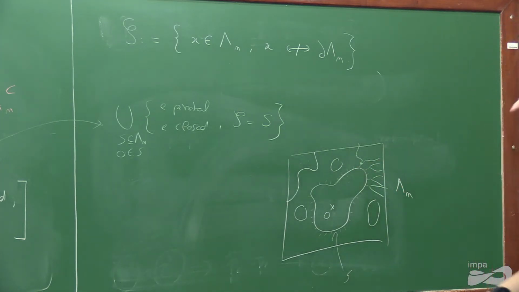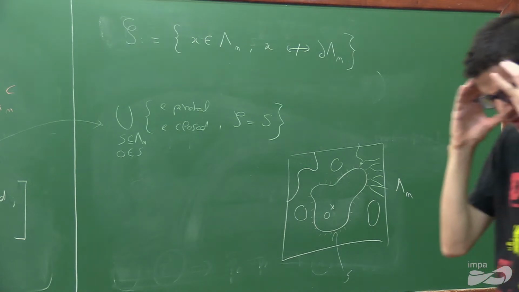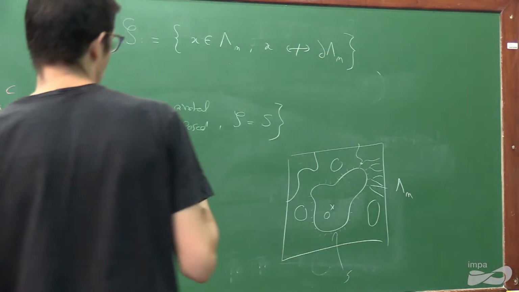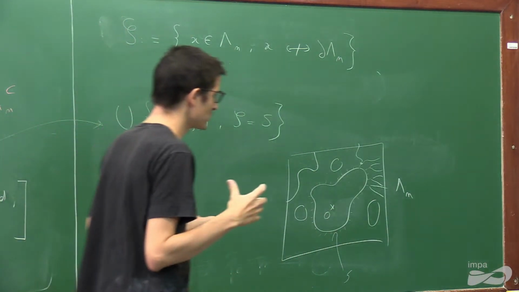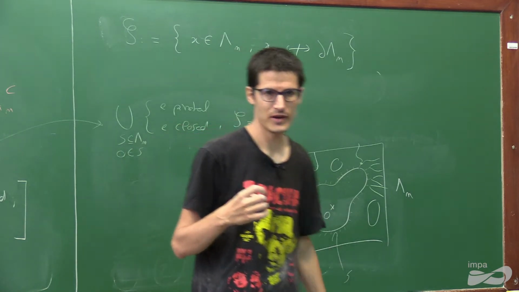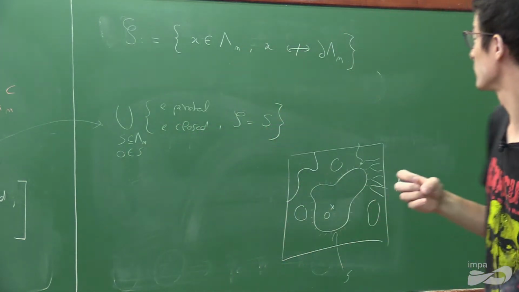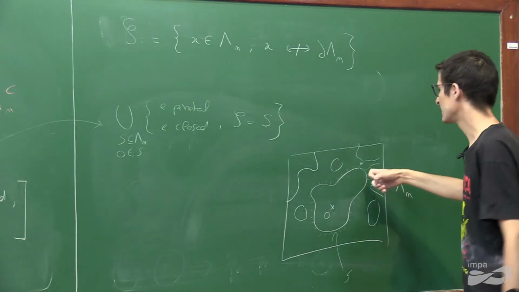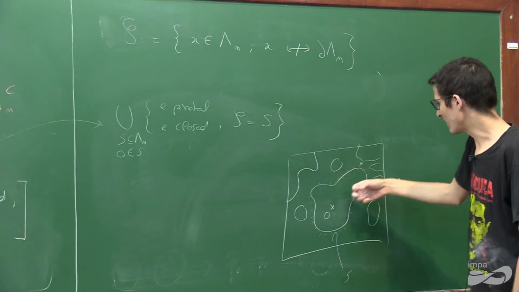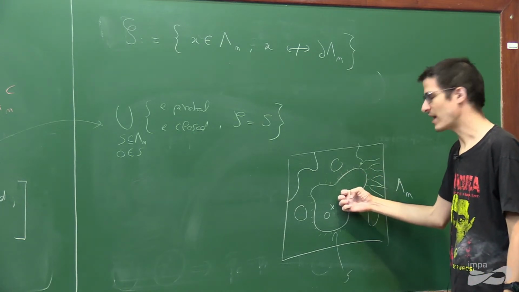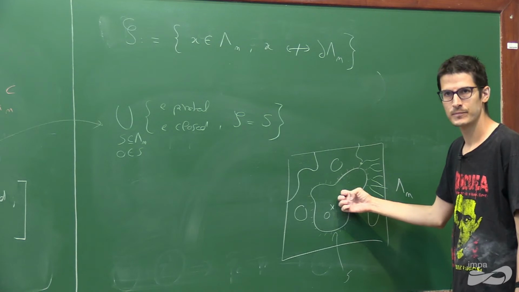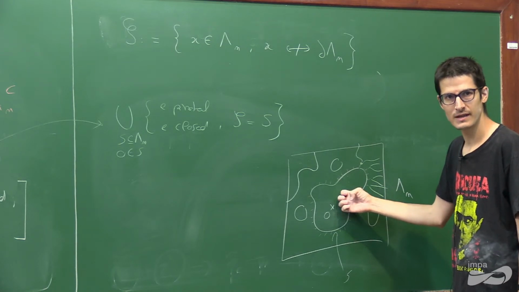Okay. So now I want to know what could be a pivotal edges for the event that 0 is connected to the boundary. And the thing is that if I want to connect 0 to the boundary, the least I have to do is to open an edge in delta S. Okay, so I'm sure that if I open an edge inside of S, it's not going to make any difference. Okay?